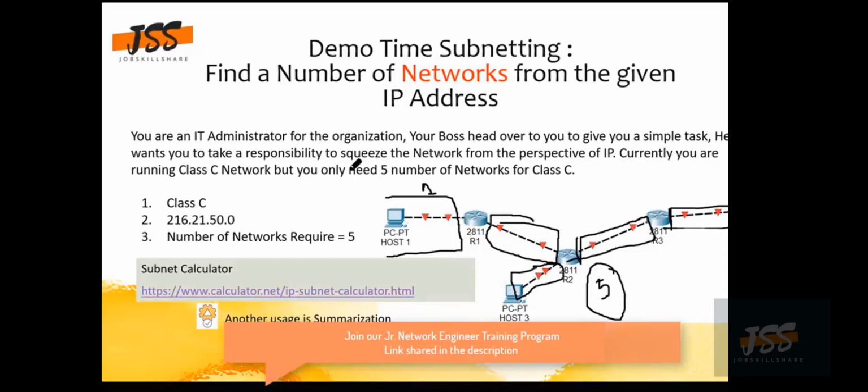So the number 1 reason for using subnetting is that we do not want to waste the whole Class C range. We are just taking out only 5 networks from this whole Class C, which will be assigned to these different networks.